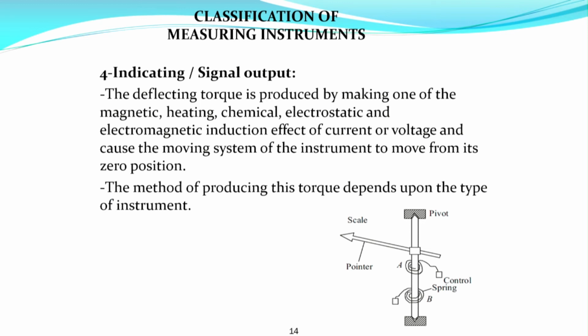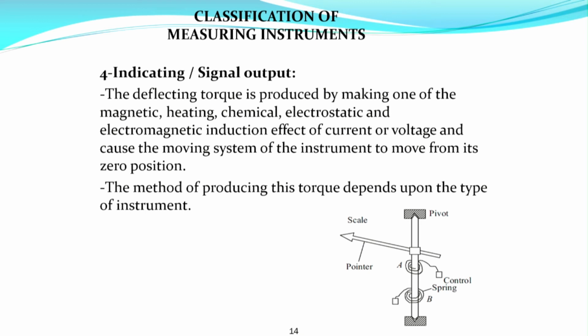Indicating signal output: the deflection torque is produced by making use of one of the magnetic, heating, chemical, electrostatic, and electromagnetic induction effects of the current or voltage, and causes the moving system of the instrument to move from its zero position.